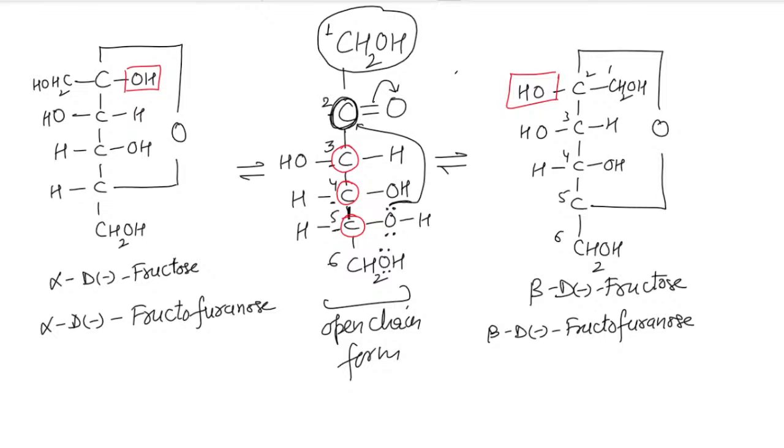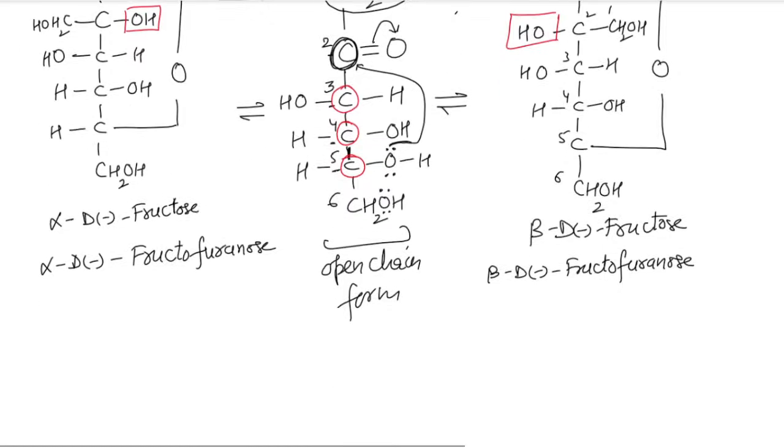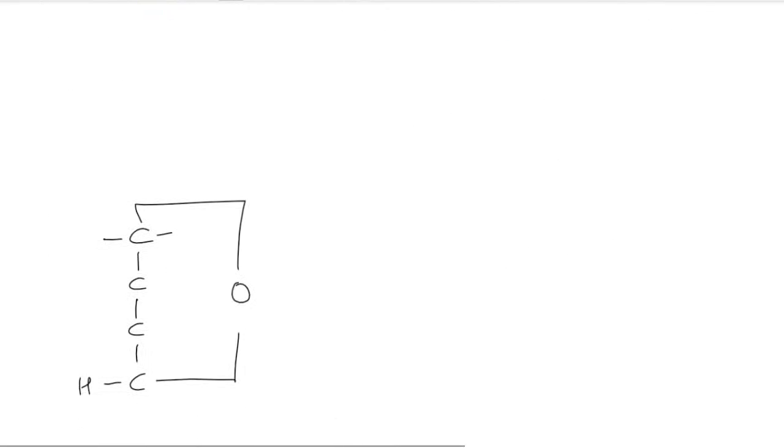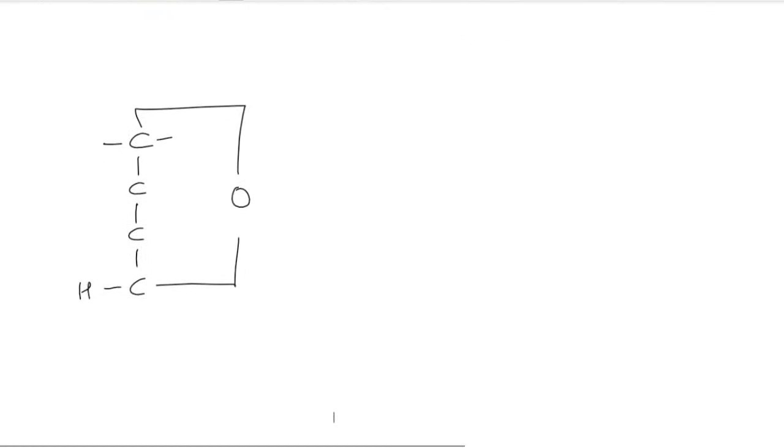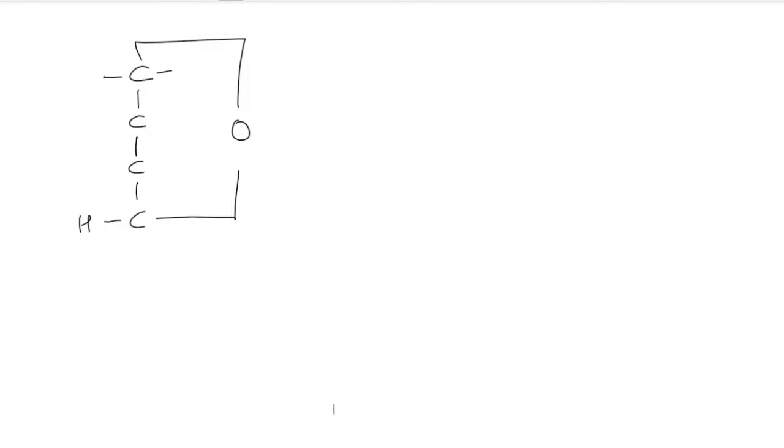Okay. So, to remember this whole thing, now see, on the second carbon, if OH is on the right side, so obviously CH2OH is on the left side. This is first carbon, second.